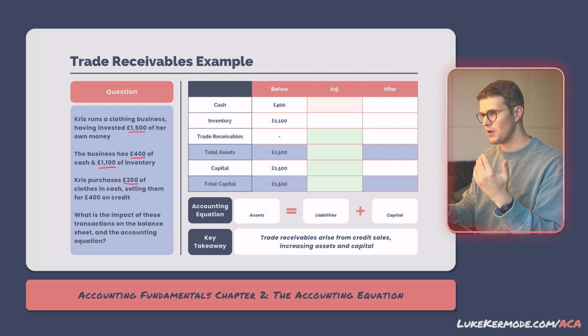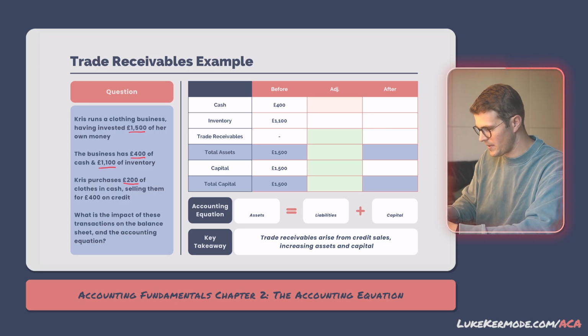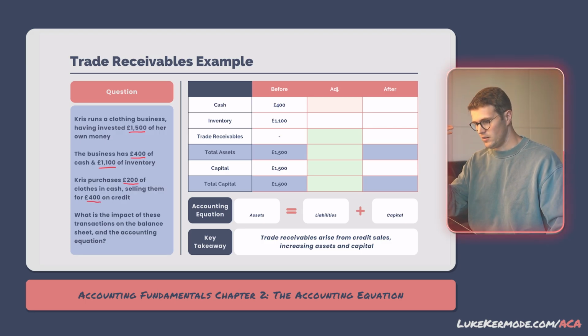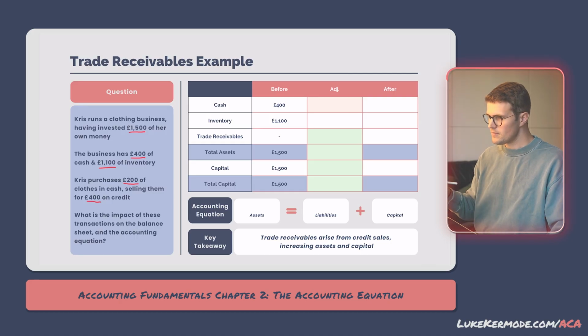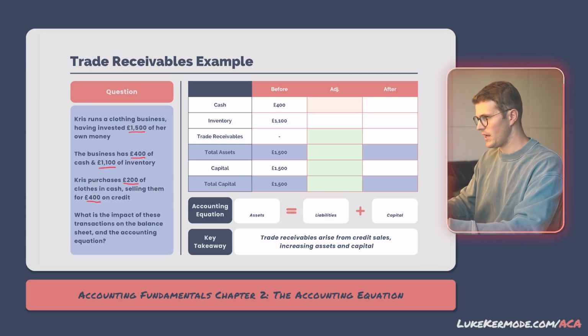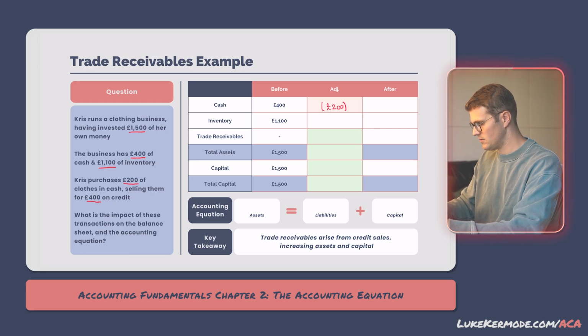Then Chris sells some of that stock for £400 on credit, meaning the customer will pay her a little bit later. So the purchases reduce cash by £200 and increase inventory by £200.